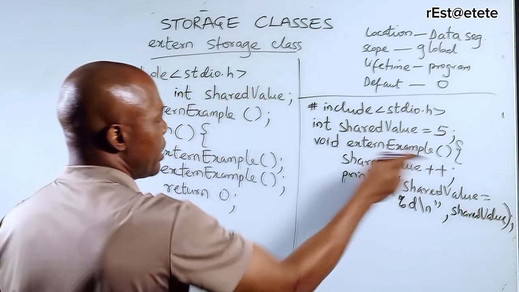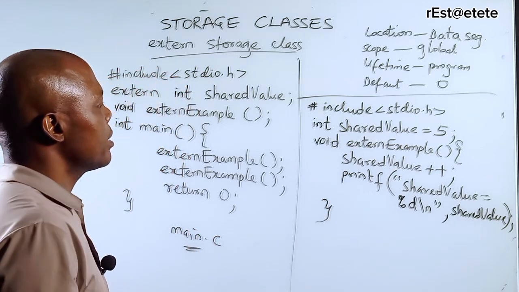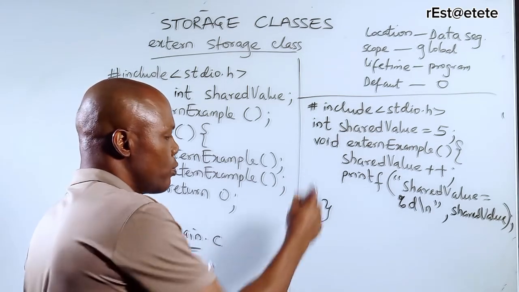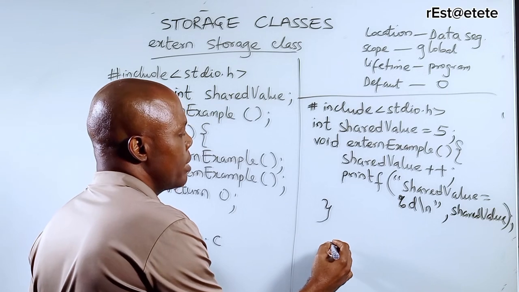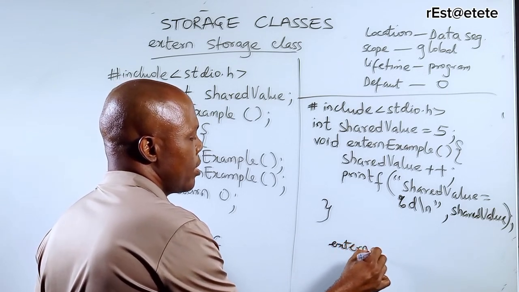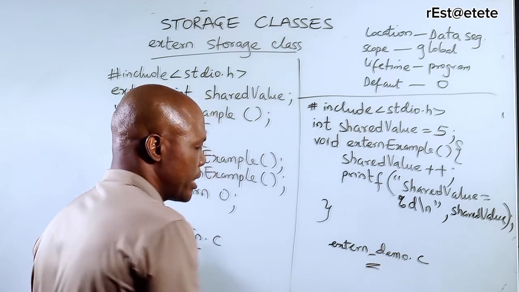So that's my program. Then I'm going to close this. I'm going to save this one as maybe extern underscore demo dot c. So that's how I'm going to save it.